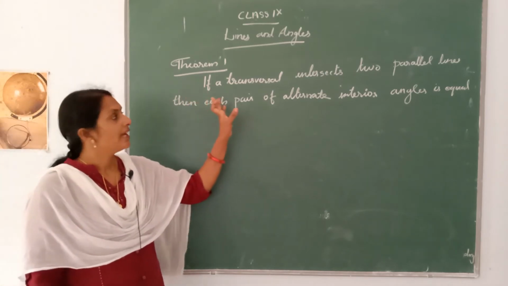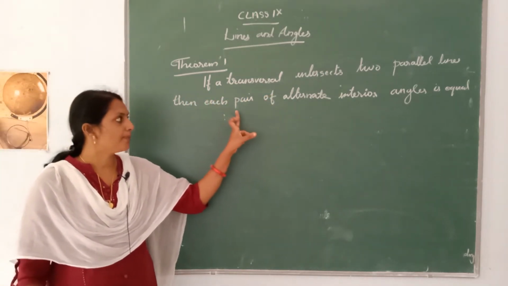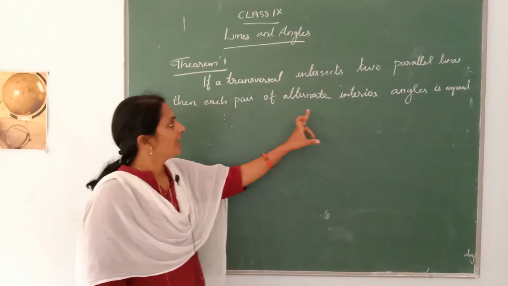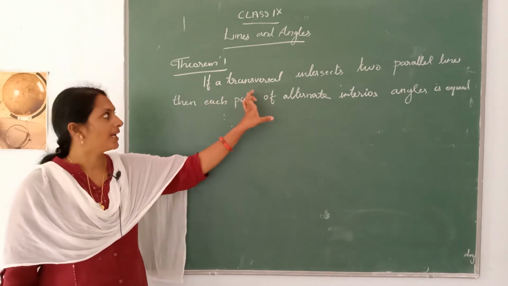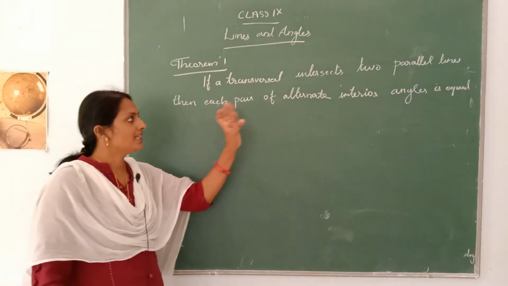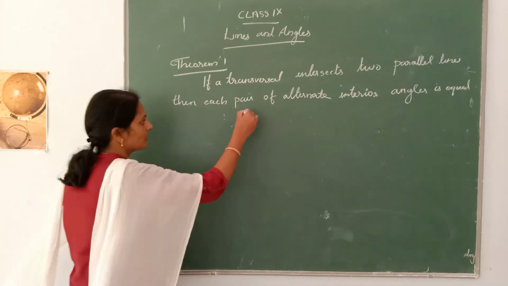Theorem 1. If a transversal intersects two parallel lines, then each pair of alternate interior angles is equal. Given two parallel lines and a transversal, we have to prove that each pair of alternate interior angles is equal. First draw the figure.